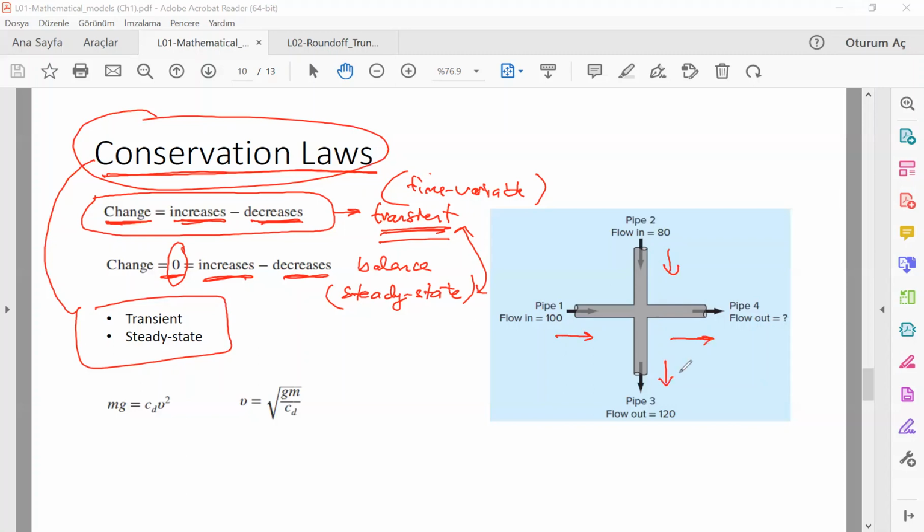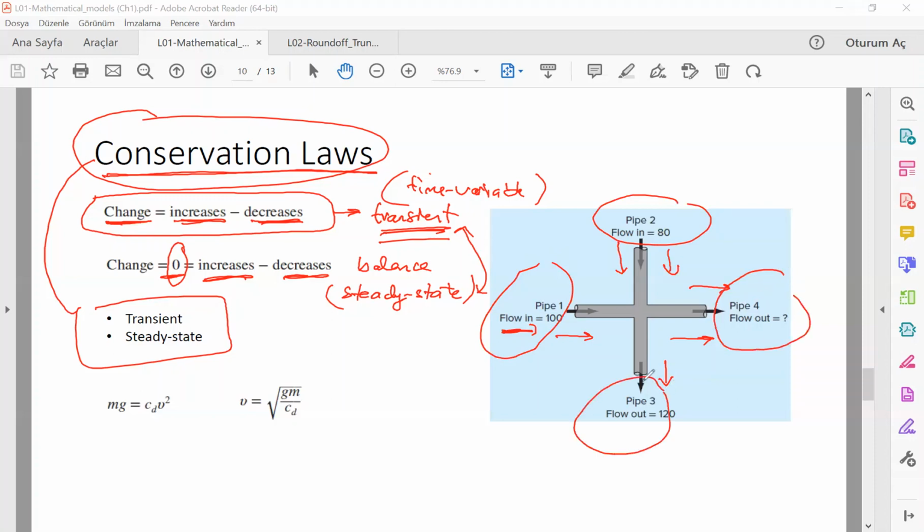If there is an incompressible fluid inside, then the flow entering this junction and flowing out from this junction could be simply formulated as the sum of the inputs minus the sum of the outputs.